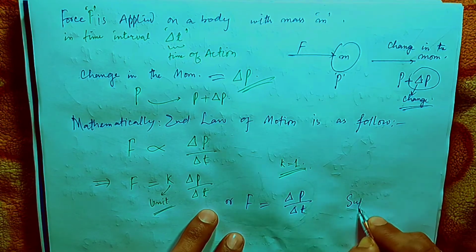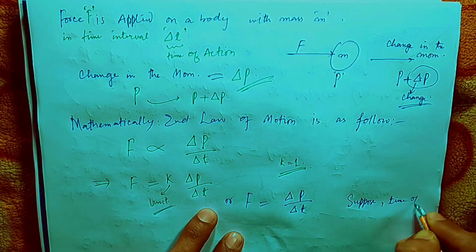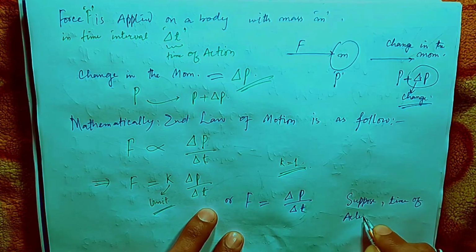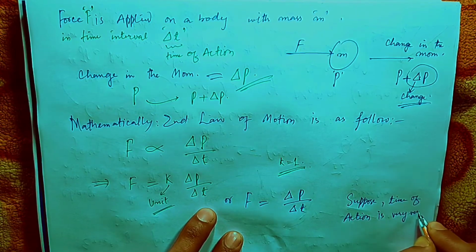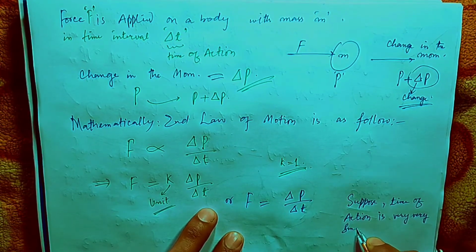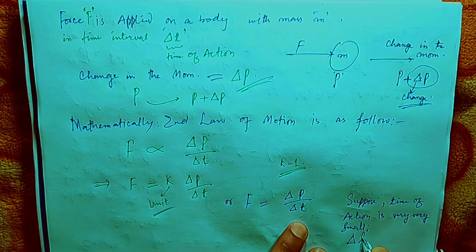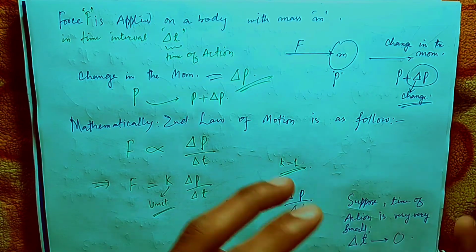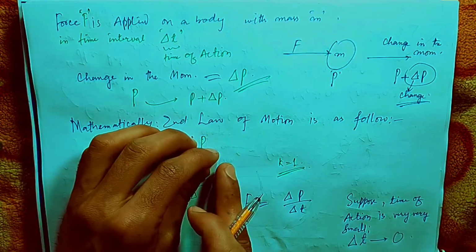Suppose the time of action is very, very small. That means delta t is approaching 0, that is, the force is applied instantly. For example, here I'm applying force.